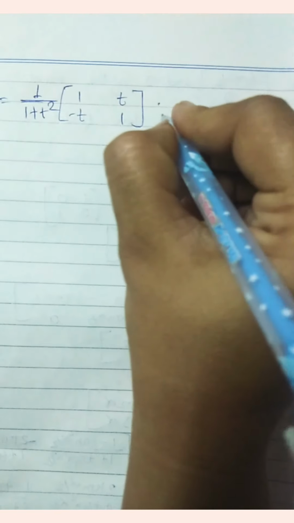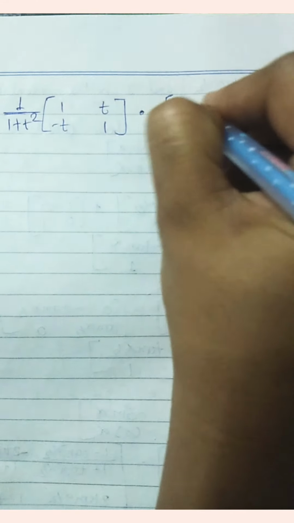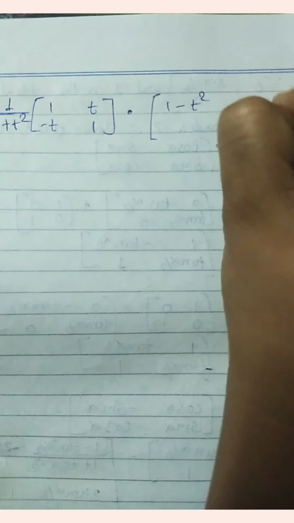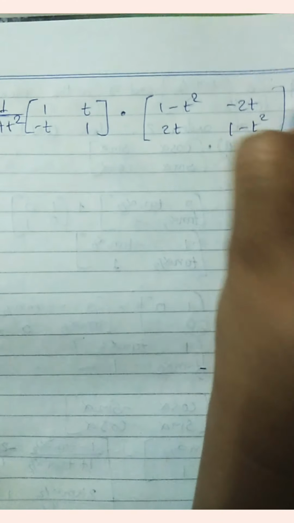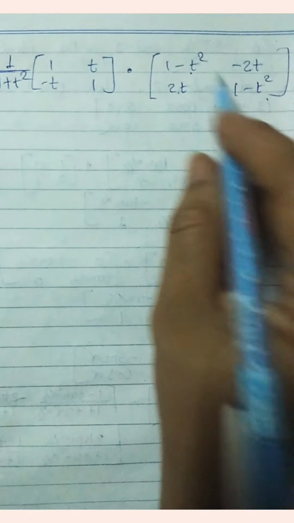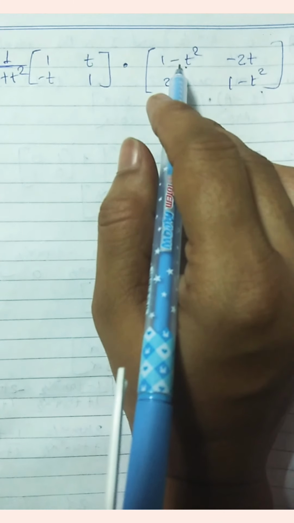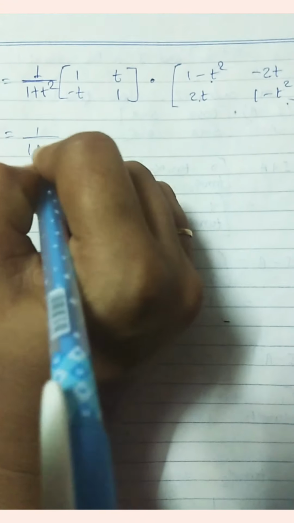So basically I have 1 minus t square, minus 2t, 2t and 1 minus t square as cos alpha, minus sin alpha, sin alpha and cos alpha. Okay, I am just putting the value. I remember the matrix, that's why I am writing the value on my own, without watching, to move forward.